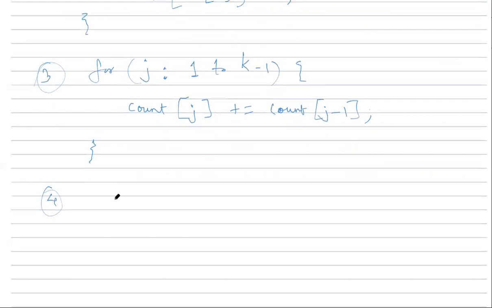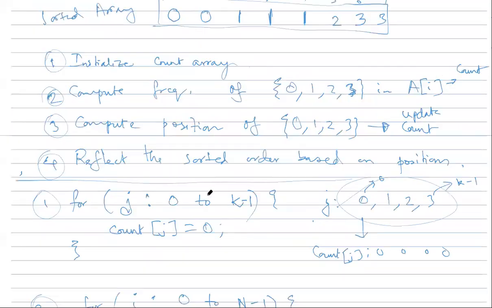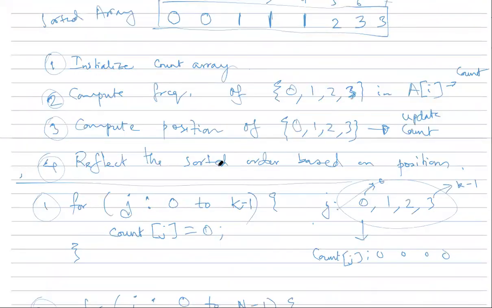Now it's just the emission of the sorted order. So again I running from 0 to n-1. So it has to span the entire thing. So now we want to store in some sorted list. So let's say S is our sorted list. So S is going to derive its index based on the count, right?